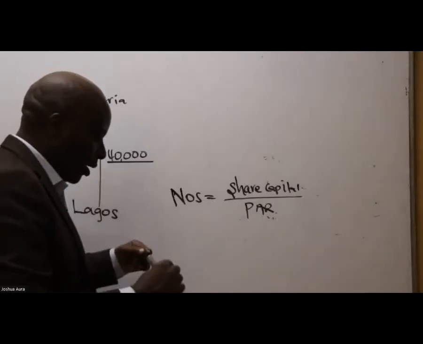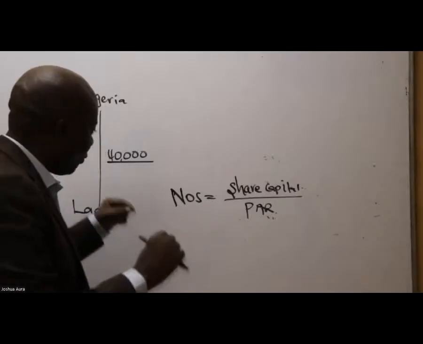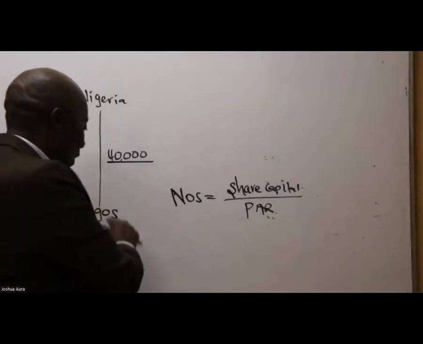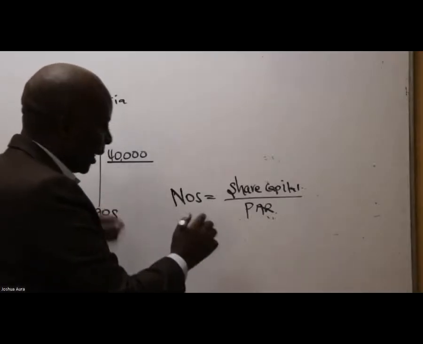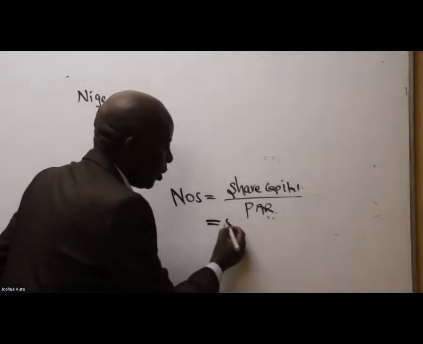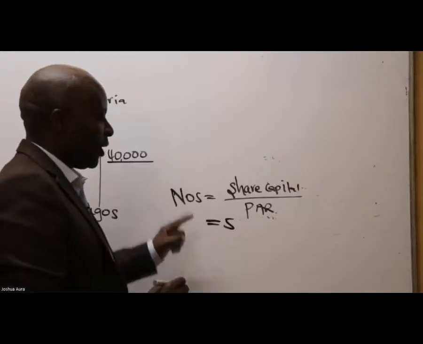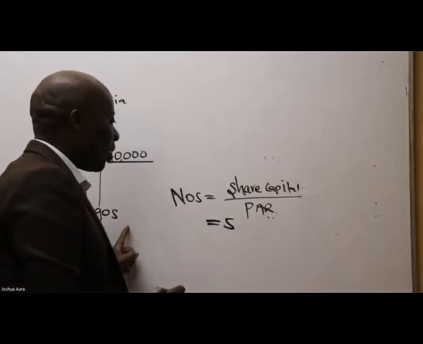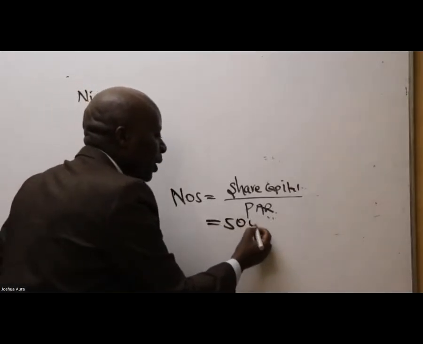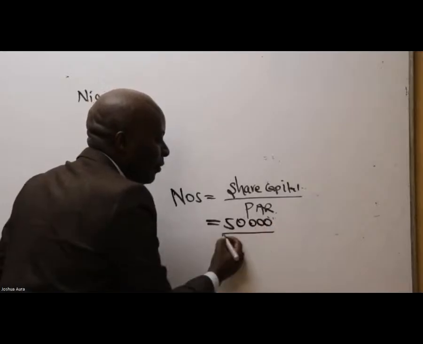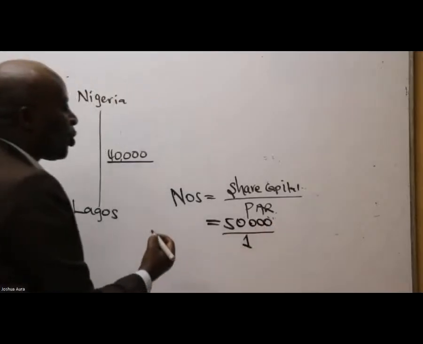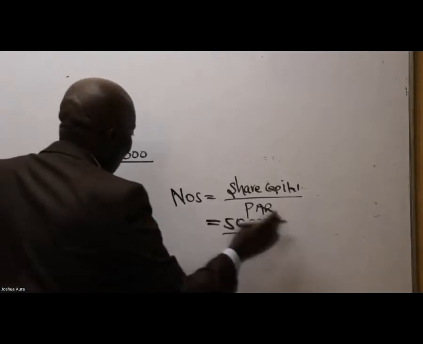We bought 40,000 shares. How many shares does it have in total? The share capital of this company Lagos is 50,000, and the par value is 1. So in total, the number of ordinary shares here is 50,000.